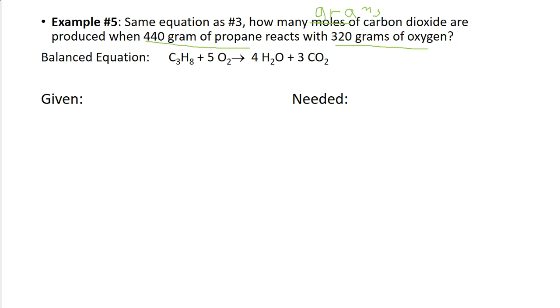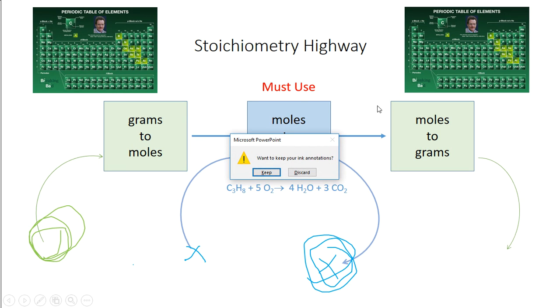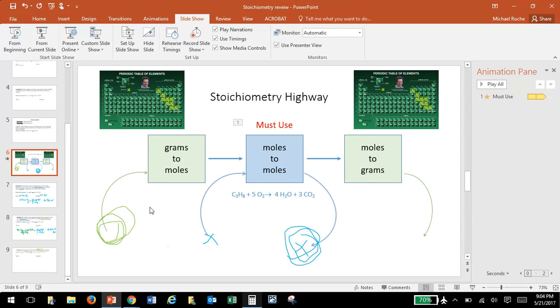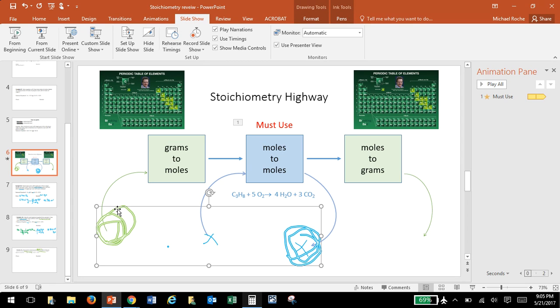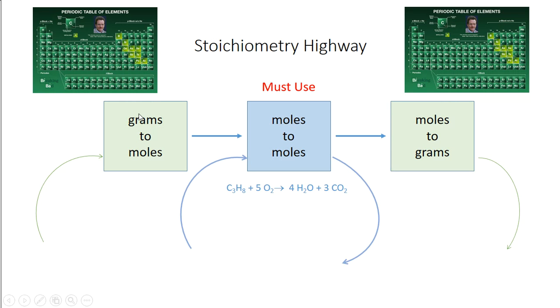All right, so in our highway here, let me keep all that, and then let me get rid of this stuff. So on our highway, we are here. We are starting at grams. We were given grams of oxygen and grams of propane.